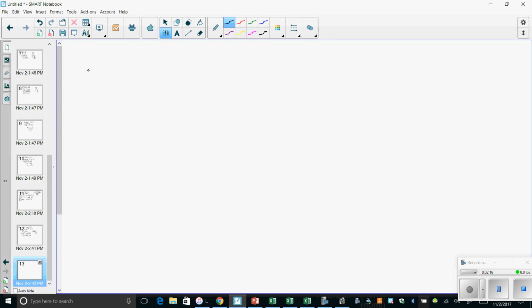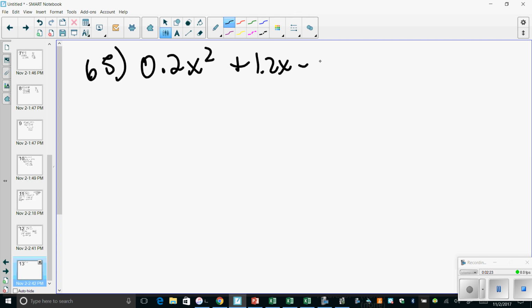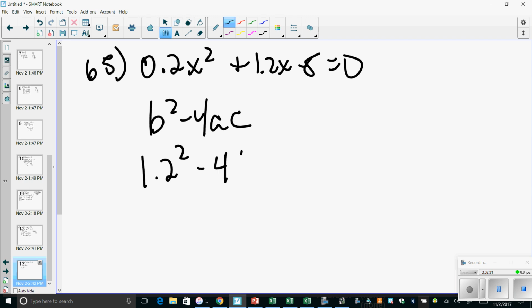Number 65. I've got 0.2x squared plus 1.2x minus 8 is equal to 0. So b squared minus 4ac, I've got 1.2 squared minus 4 times a times c.